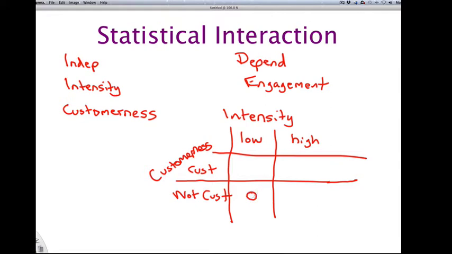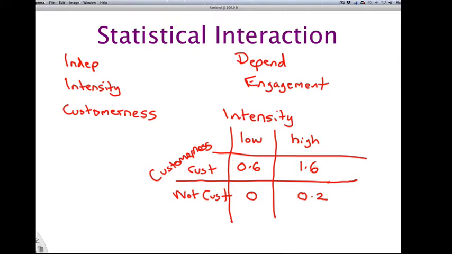And for high intensity non-customers, the level of engagement is about 0.2. And then if we move on to being a customer, for low intensity, the level of engagement is 0.6. And for high intensity, the level of engagement is 1.6.